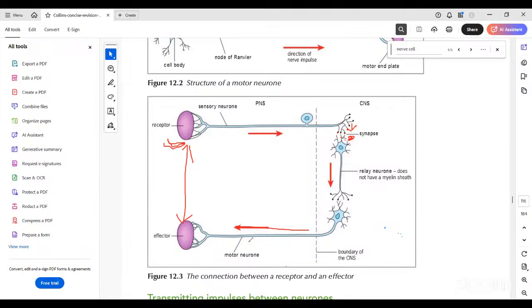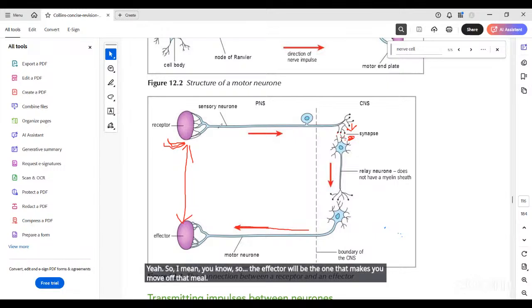All right, so let's say, for example, you step on a nail, right? If you step on a nail, you're basically going to move your foot off quickly, no? Yes, sir. So that effector will be the one that makes you move off that nail.